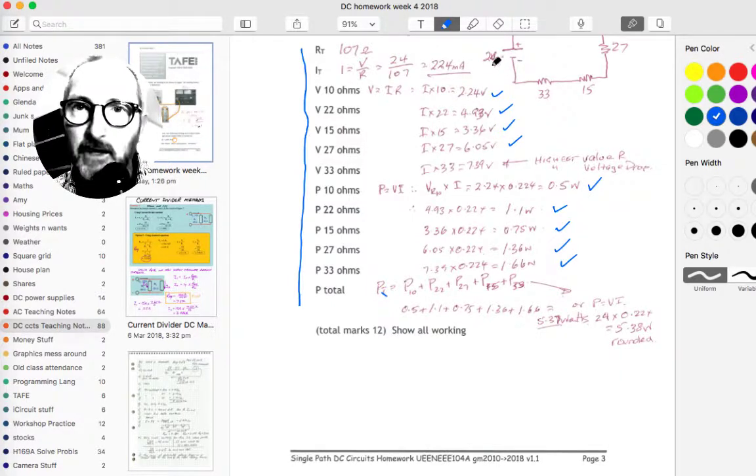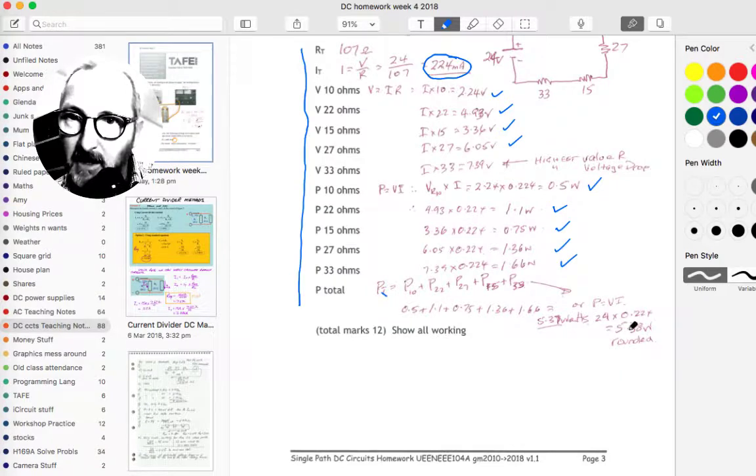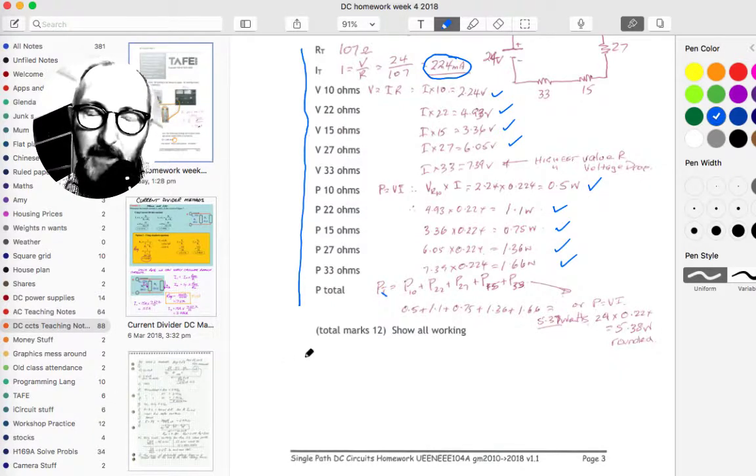That will be the 24 volts times the 224 milliamps flowing in the circuit. So we've run a check on that. It rounds up to 5.38 watts. If you were to add up all of the individual powers on each resistor, they will add to 5.38 watts as well. And big questions like that are always worth a lot of marks. That one's worth 12 marks, in fact.